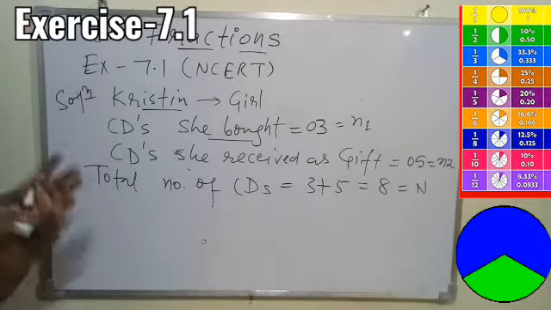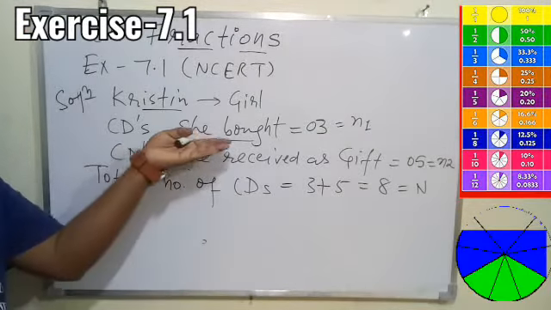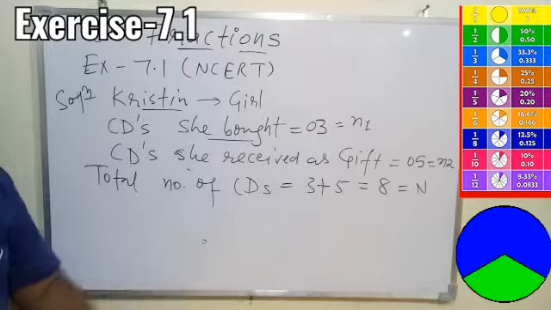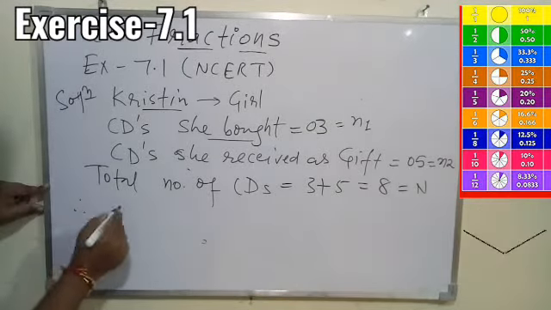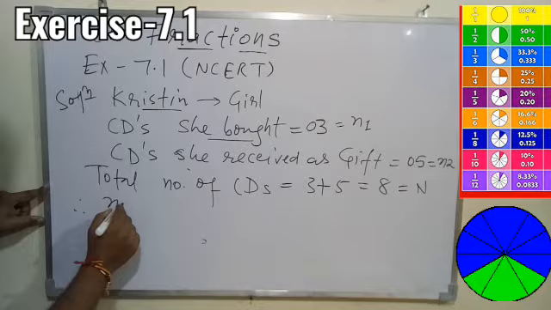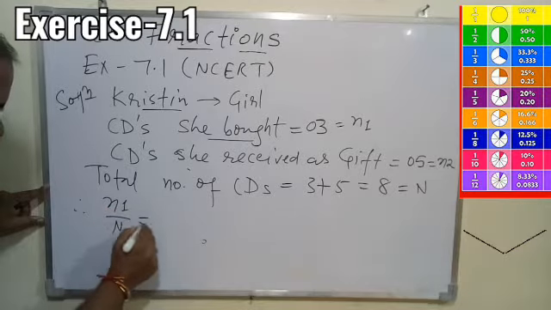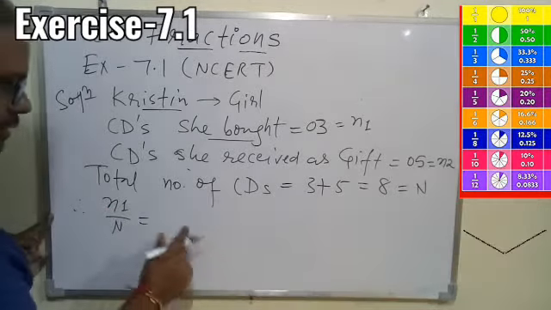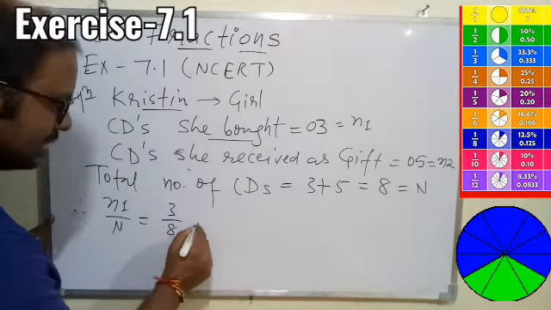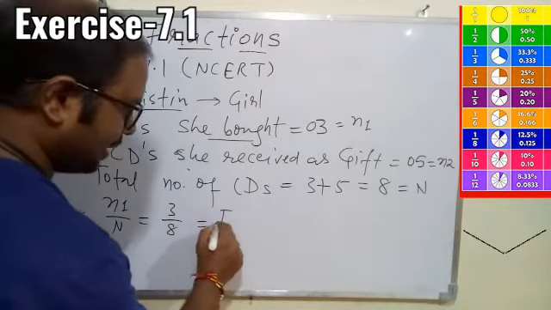So we have to show the fraction for both, that is what she got from the market and what she received as a gift. So we can say that is N1 upon N, that is the first part we have, what she bought from the market, that is nothing but 3 upon 8.